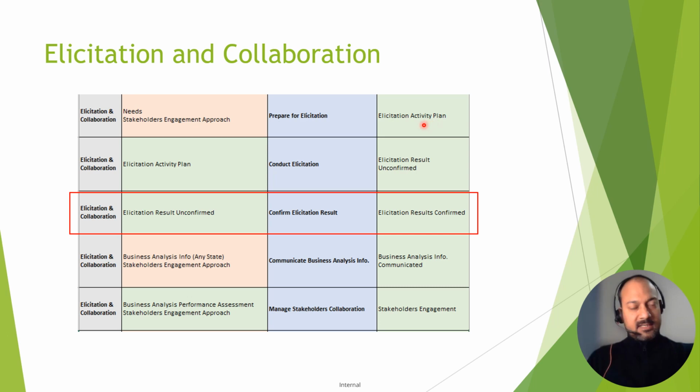The elicitation activity plan is the input for the second activity, conduct elicitation, and the output we get is elicitation result unconfirmed. This elicitation result unconfirmed goes into the third activity, confirm elicitation result, and the output is elicitation result confirmed.